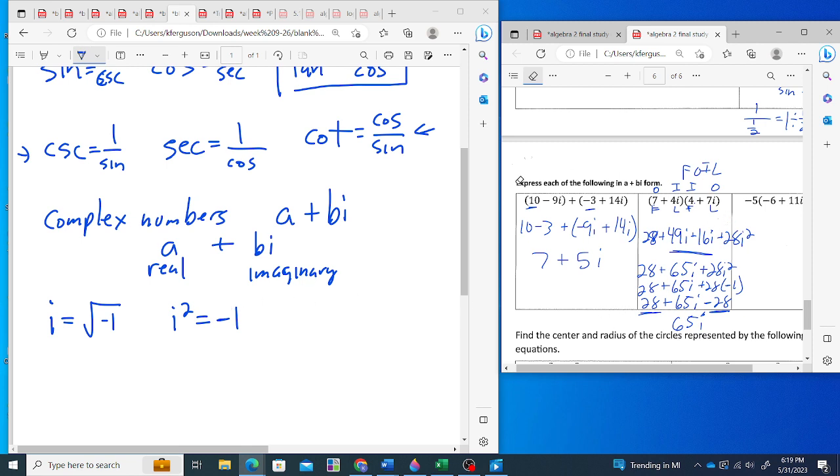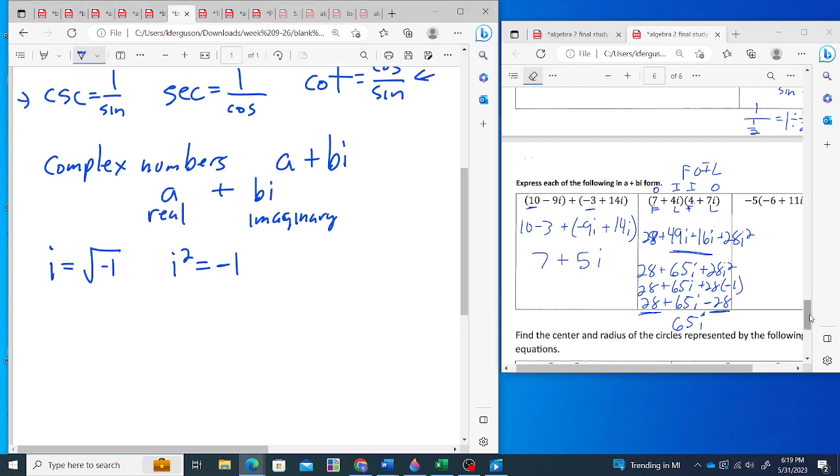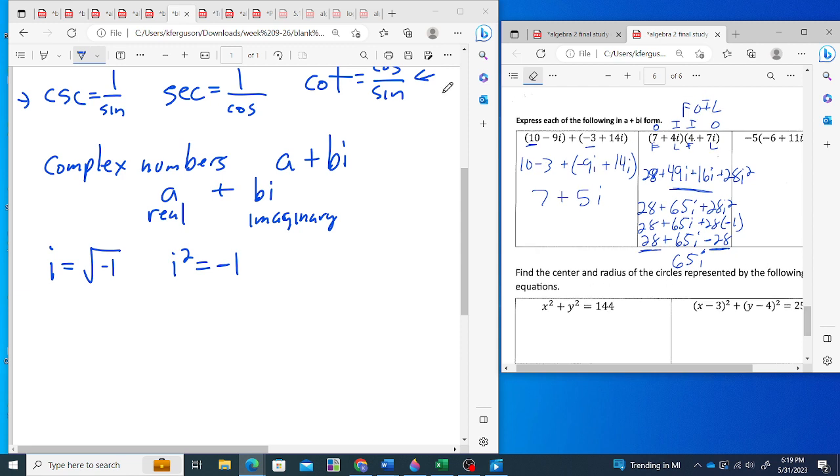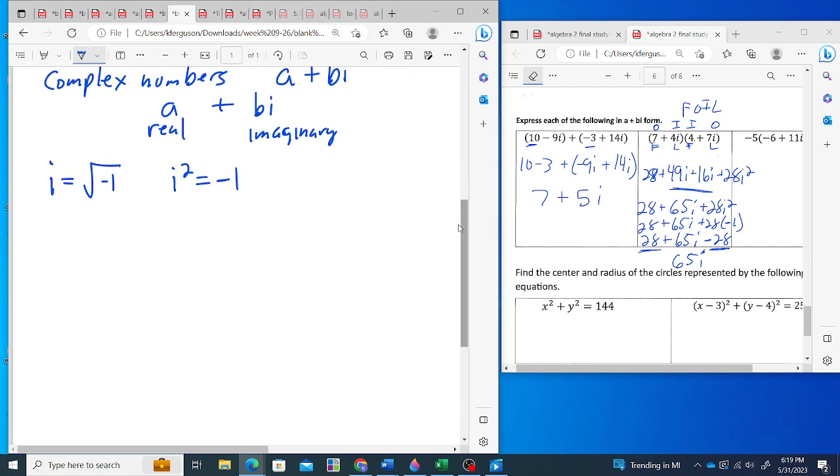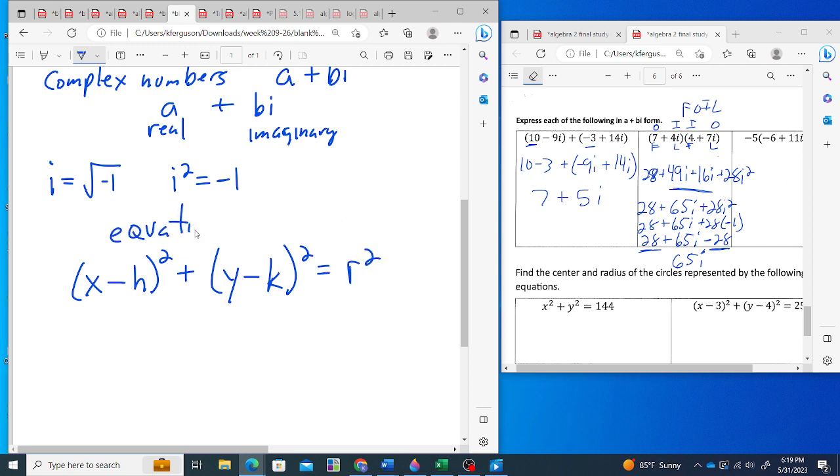So that's that. And then finally, we've got the equation of a circle. So in a circle, as far as an equation goes, it works like this. So this is the equation of a circle. You'll want to make sure you got this written somewhere.